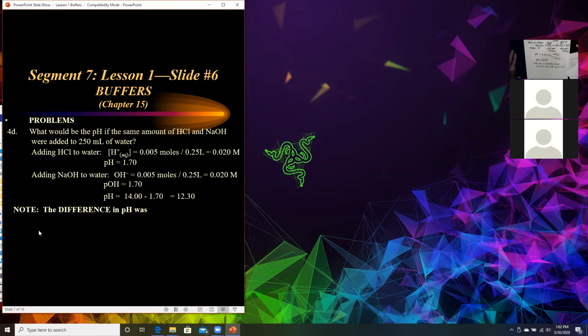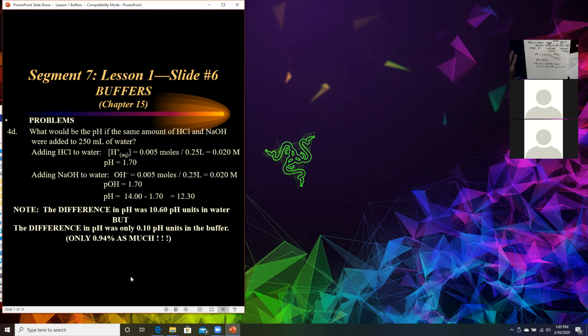But the difference in the pH was 10.6 here in water, while the difference in the pH in the buffer was only 0.1 units. So I think this is a really powerful indicator of just how well buffers control the pH. It's only 0.94% as much as the change we made up here.